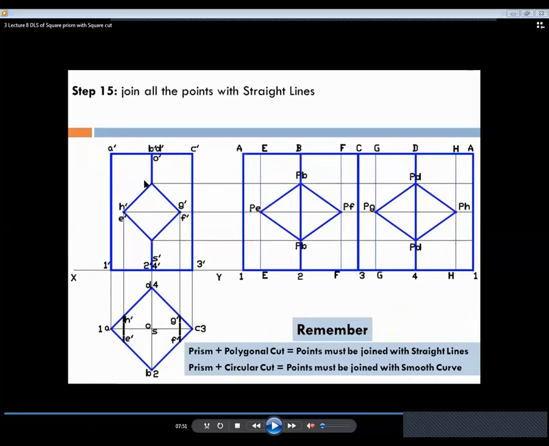It may happen that the square prism is drilled with a circular hole. In that case, you will get 2 different circles in the development, and you have to draw the curves through the points. Prism plus polygon cut, the points must be joined with straight lines. Prism plus circular cut, the points must be joined with a smooth curve.